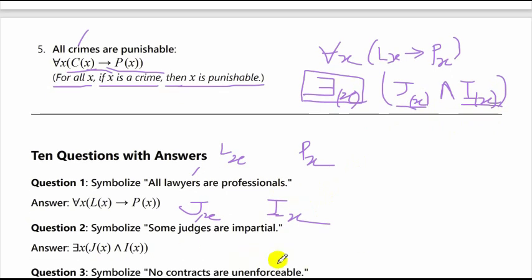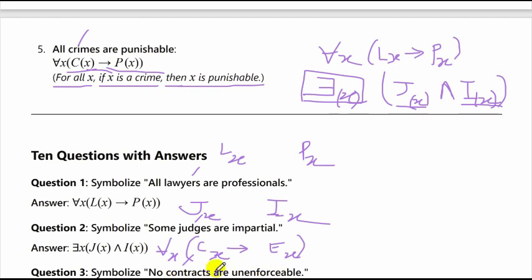Symbolize: no contracts are unenforceable. So this would be contracts and enforceable, and no stands for the universal quantifier. So this will be the arrow. Now if it was enforceable: no contracts are unenforceable, so means contracts are enforceable.